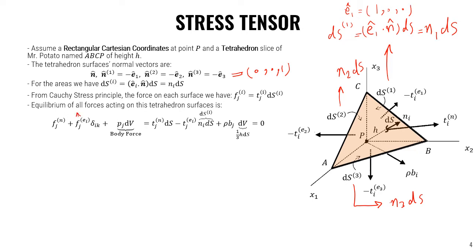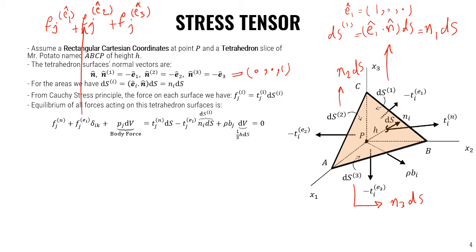This is basically F_j of E1 plus F_j of E2 plus F_j of E3 plus the body forces.